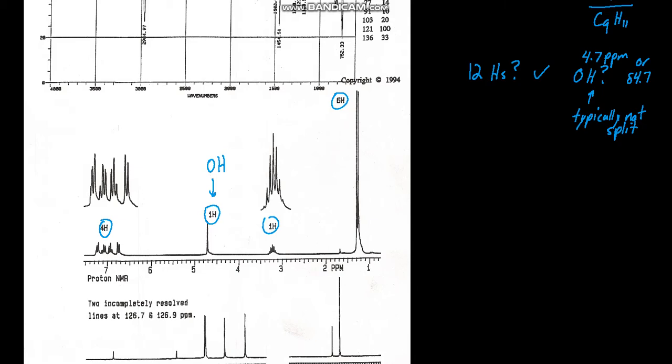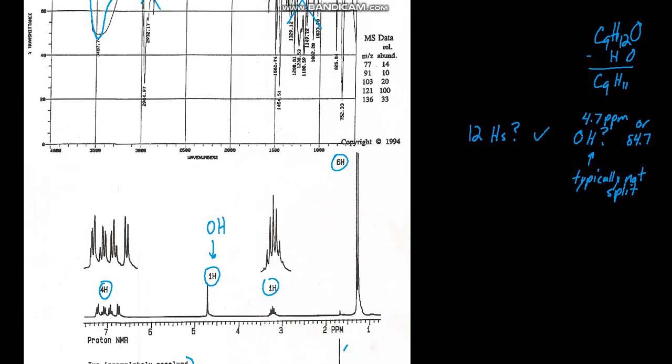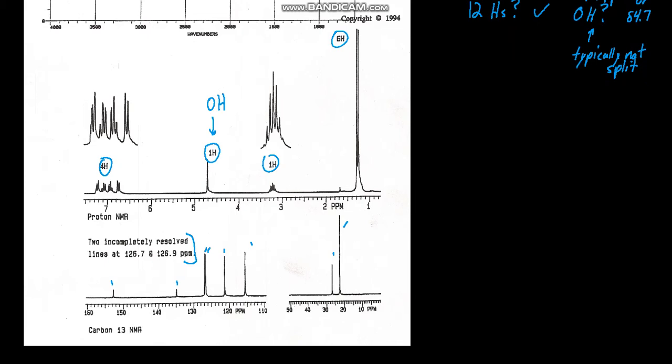And then in the carbon NMR, all our hydrogens are accounted for. In the carbon NMR, we've got 1, 2, 3, 4, 5, 6, 7, 8. Is that how many carbons we have? 9. Okay, so it looks like one of the carbons is doubled up. So 8 carbon signals, and 1 is therefore doubled.